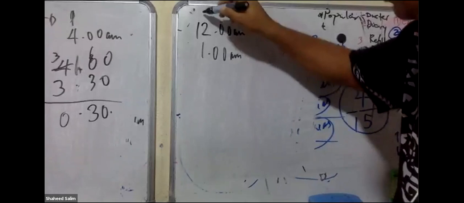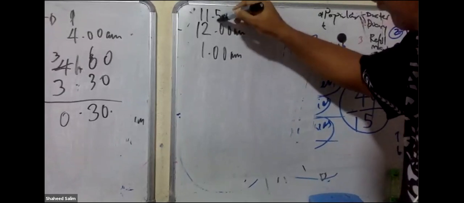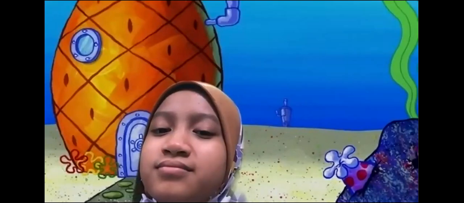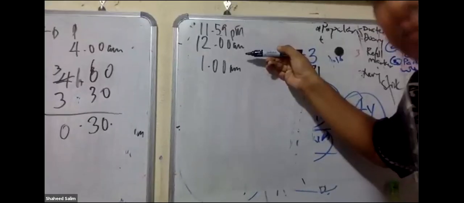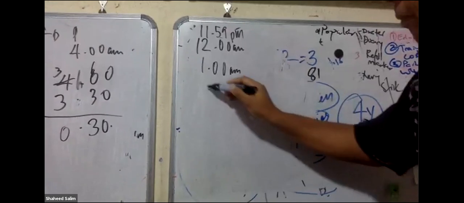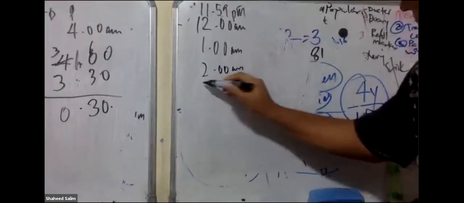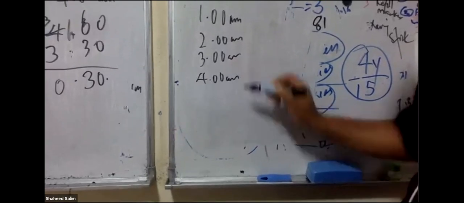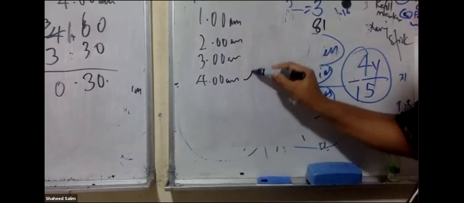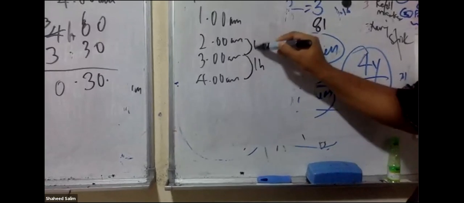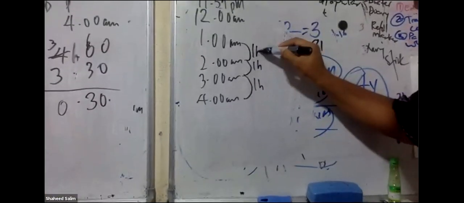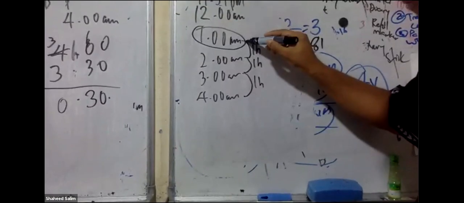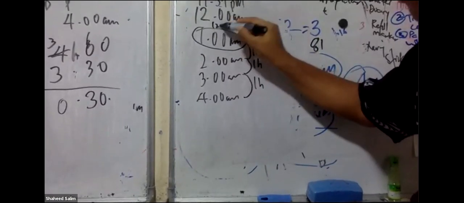But 1 minute before that is 11:59 p.m., 1 minute before midnight. 12 a.m. is midnight. So 1 a.m., 2 a.m., 3 a.m., 4 a.m. Now, let's say it took 3.5 hours. So go back 1 hour, 2 hours, 3 hours. 3 hours is 1 a.m. Half an hour before that is 12:30.